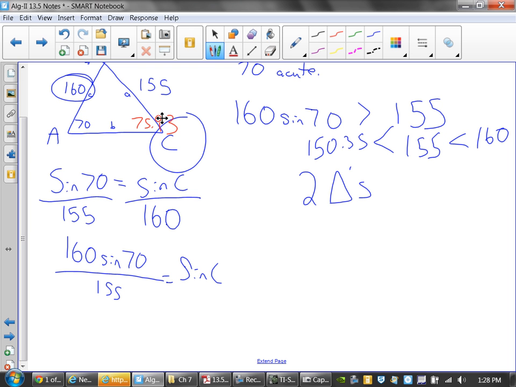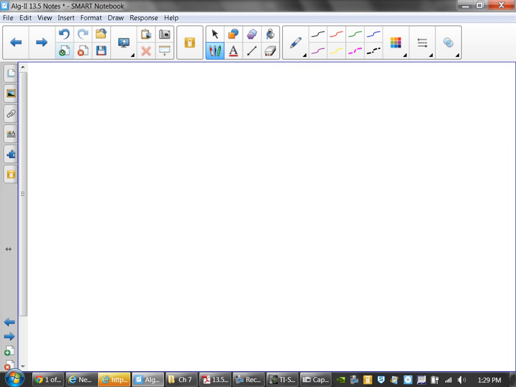Let me give you a couple of these to try for tonight, and then we'll build off of it. If you come across a problem where you get 2 triangles when you're solving it, just solve for the first round of it, and then we'll use that as our example tomorrow.